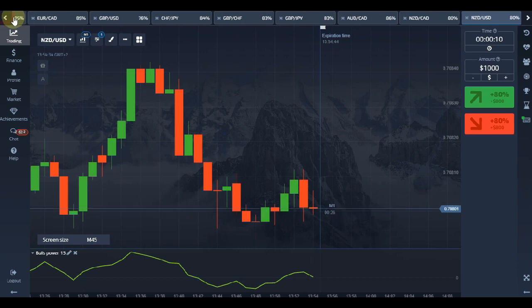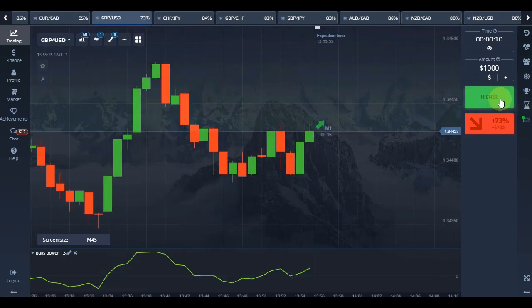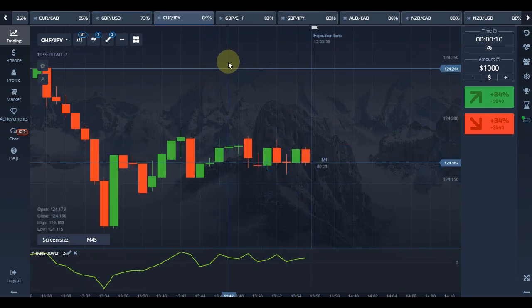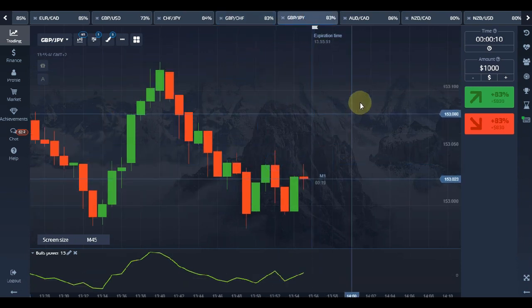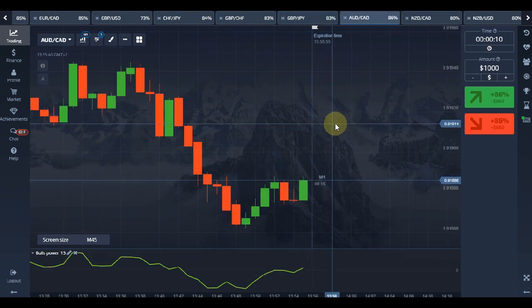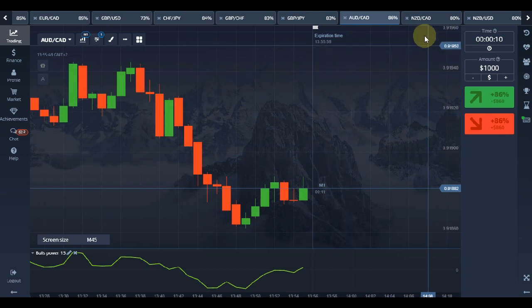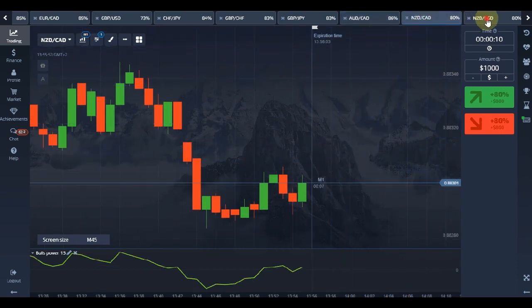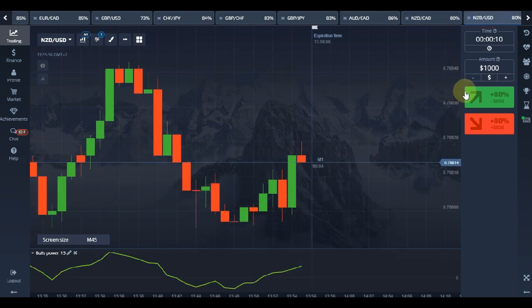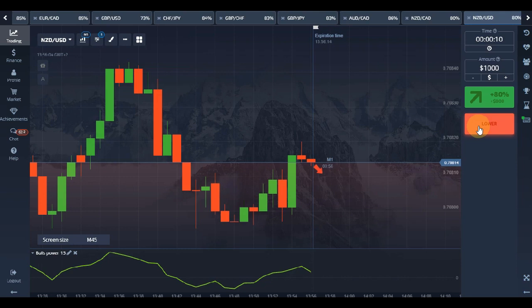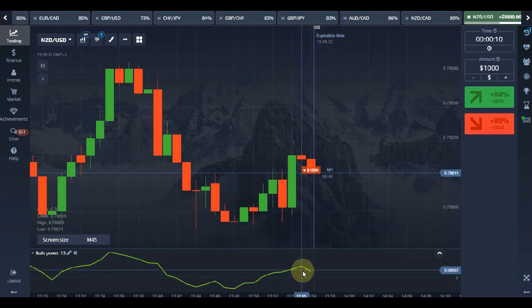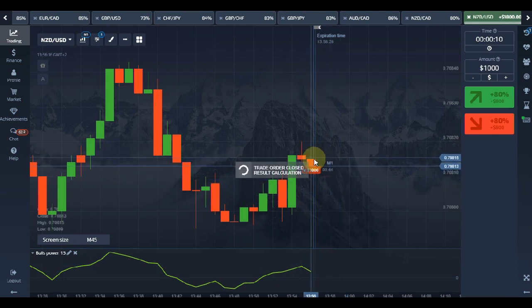Let's look at a moment for a trade. Bull power shows it going down and the candle is red at the start.